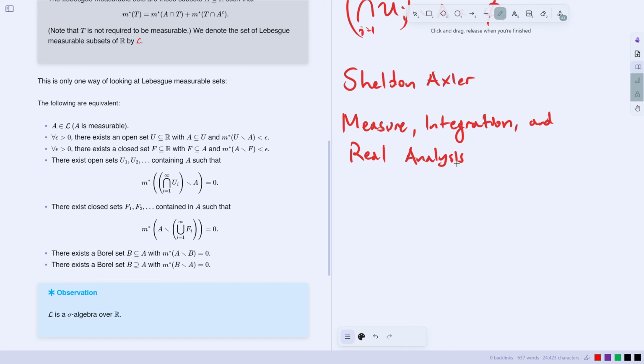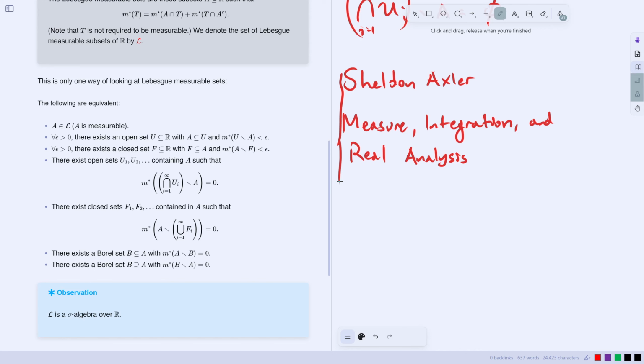Very, very well written book. It's available for free online as a PDF. You just look up this, plug this exactly into Google, and you'll find a good book. You can practice these definitions, practice proving some things, maybe practice a couple computations, and he's got some examples in there that would help out a lot.